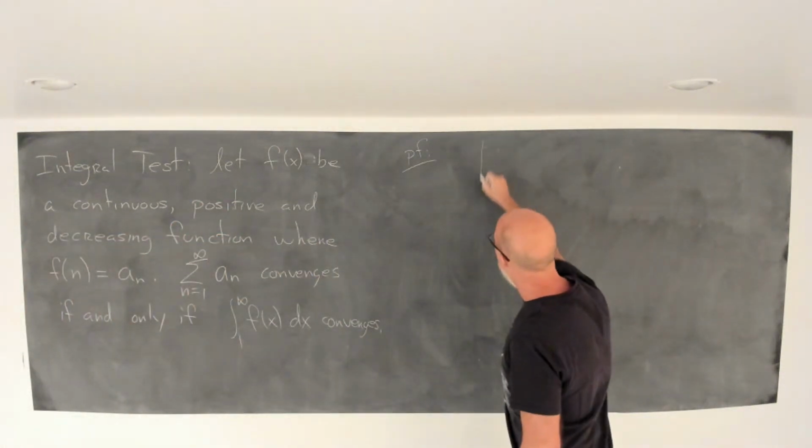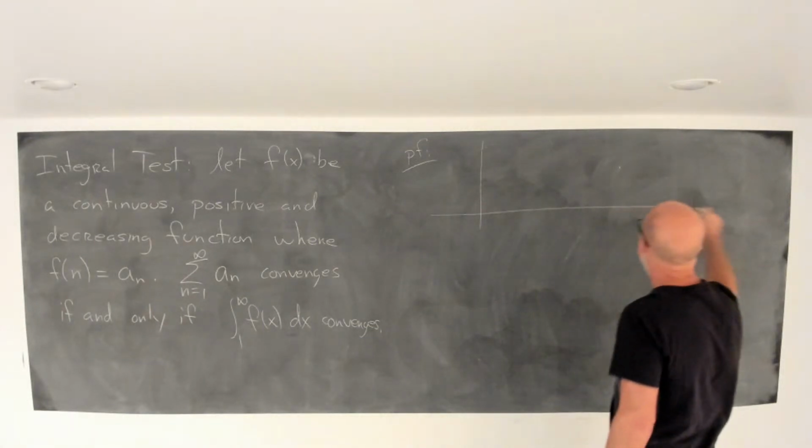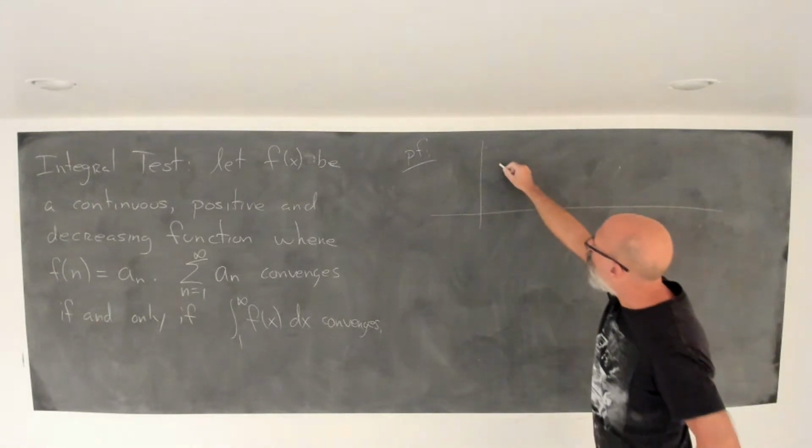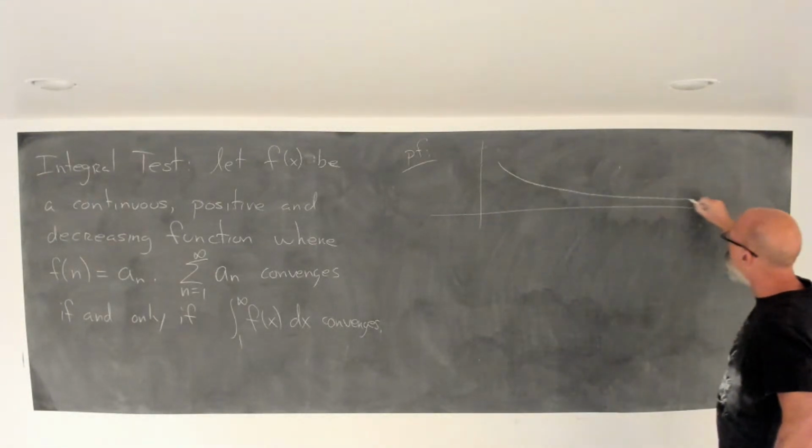And the proof comes to us via the form of a graph. We have a function that is continuous, positive, and decreasing. So our function is going to look something like this.